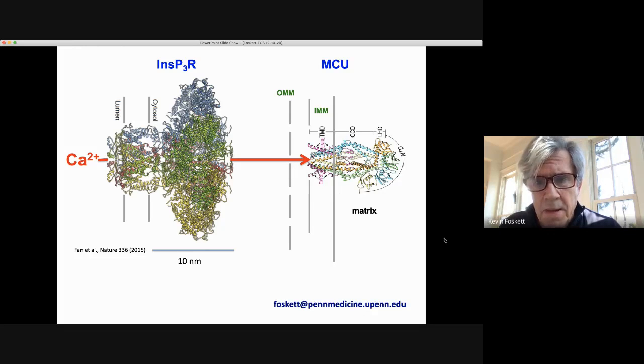And one notion about this spatial proximity focus has been that the intrinsic calcium sensitivity of the uniporter is very low, and so the mitochondria have to be localized close to sources of calcium, to be in nanodomains where calcium concentration is quite high.